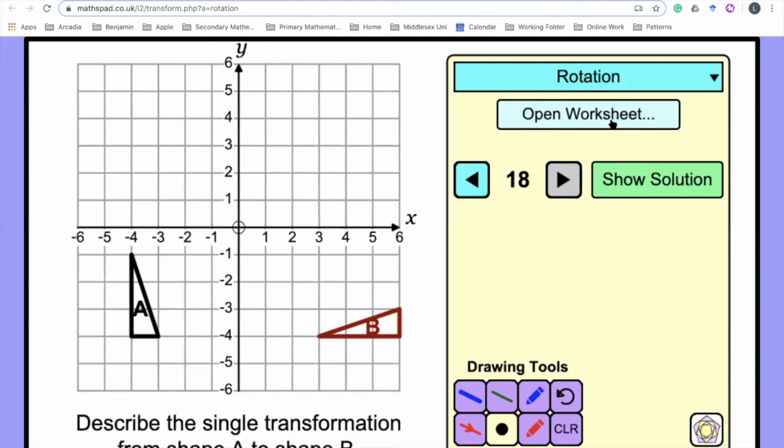So I want you to do the table first. Once you've managed to do the table, you can submit it. And there's a second worksheet as well for you to do where it doesn't structure your answer, but you need to ensure that you describe the rotation fully, describe the transformation fully by stating the 3 facts. So what I'm going to do now is this link here, I'm going to upload it into your Google Classroom.